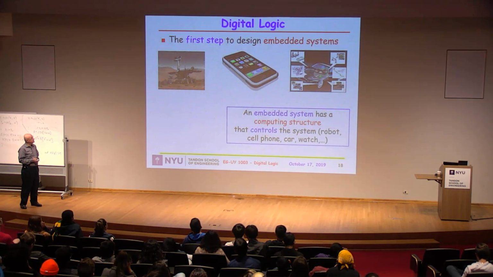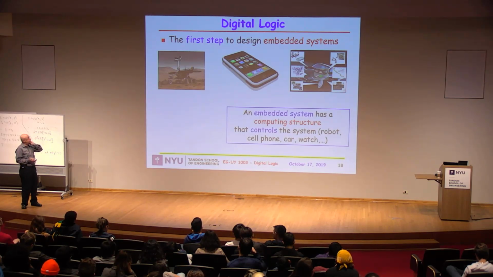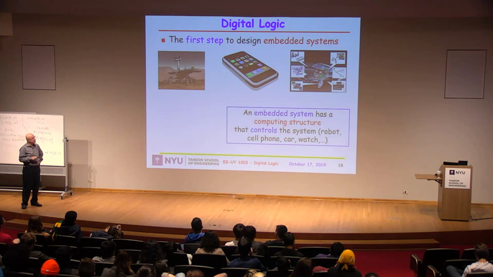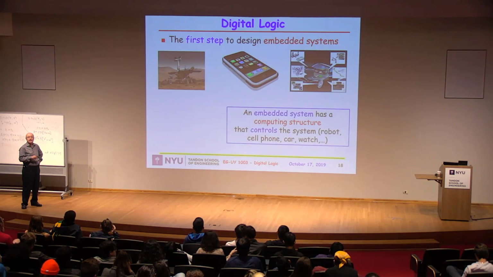What else can you do with digital logic? It is the first step to design embedded systems like robots and cell phones and cars. They are all embedded systems, meaning that you have a tiny controller controlling the larger system. They are embedded in the larger system. Your car has around 40, 50 microprocessors controlling the car.